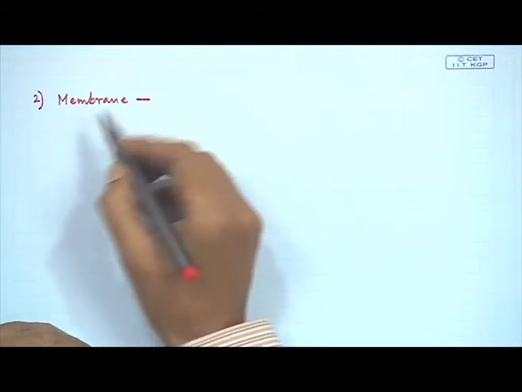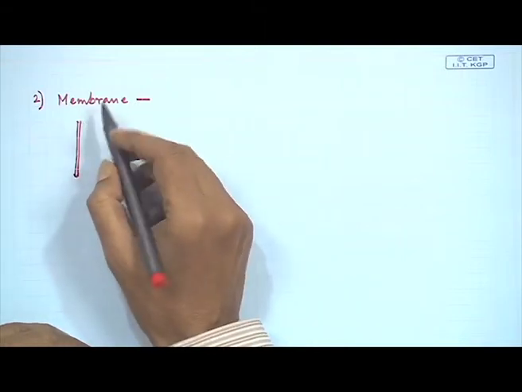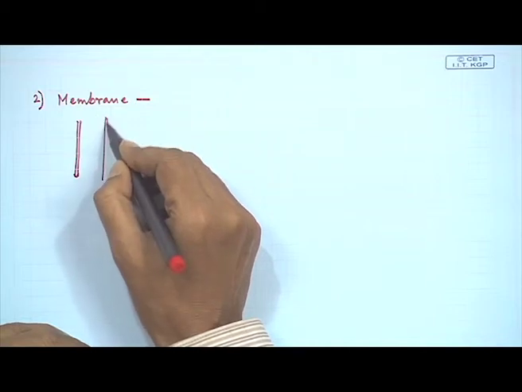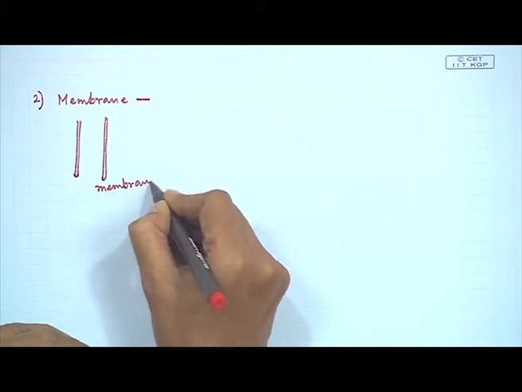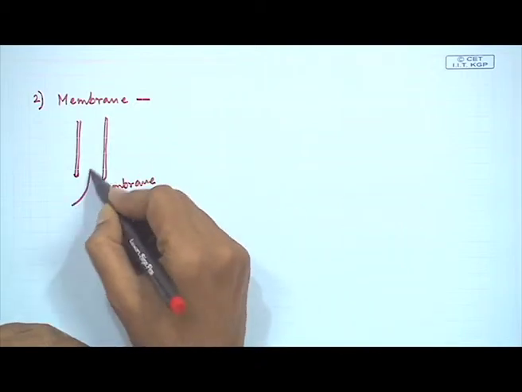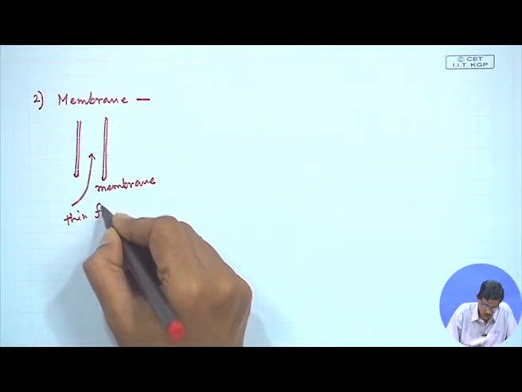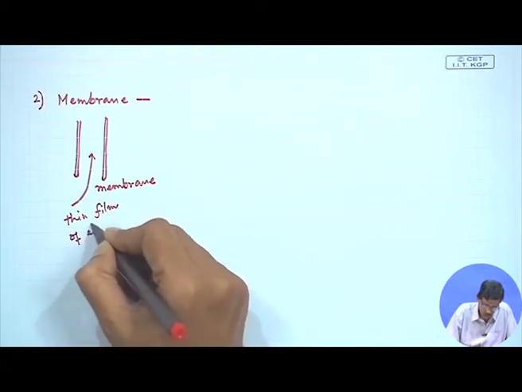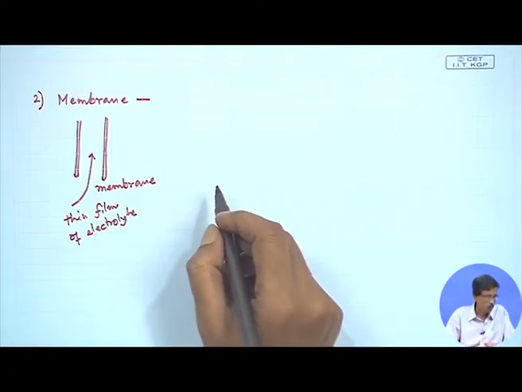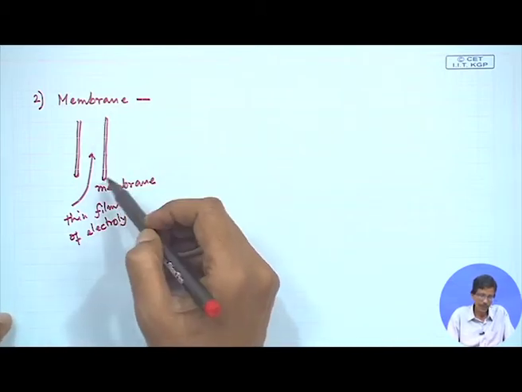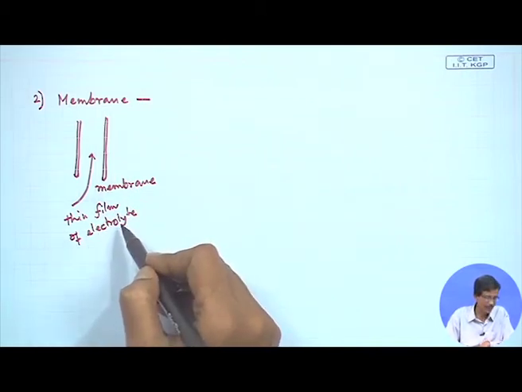So, if we have the electrode and some porous membrane, but in between we can have a thin film of electrolyte. It has certain advantages. If the membrane can allow some species to go inside, then the thin film of the electrolyte is another check.